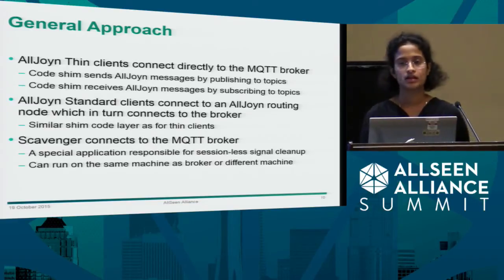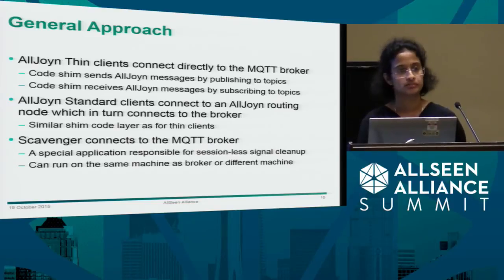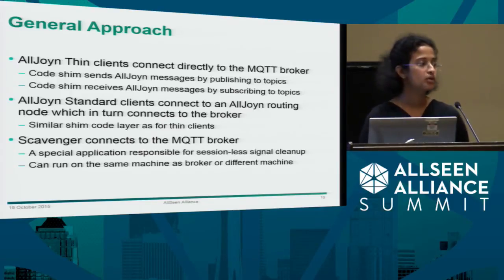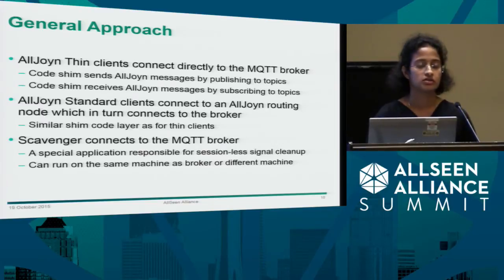Thin clients connect directly to an MQTT broker, and standard clients still connect to a router that connects to a broker. There is a similar code shim layer on the standard client router as well. We have one more application, which is called a Scavenger.